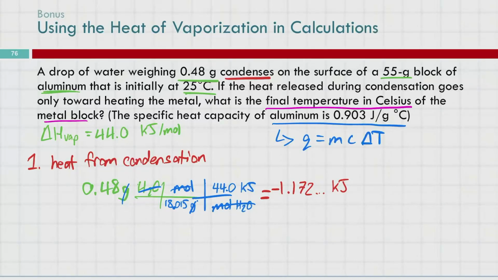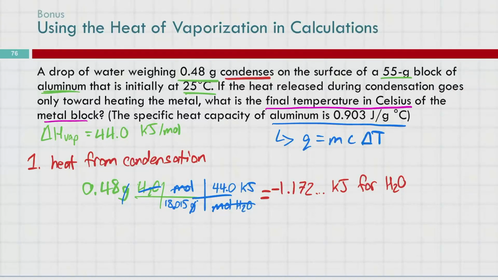Like we know that it lost the heat, so it has to be a negative number. So this is the amount of heat lost by the water, 1.172 and some change kilojoules.